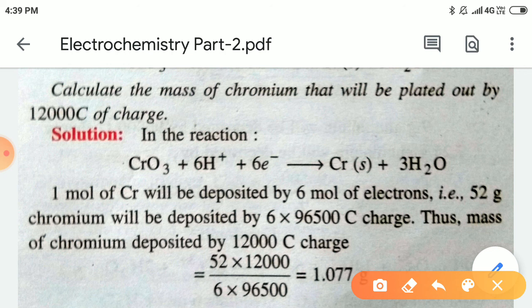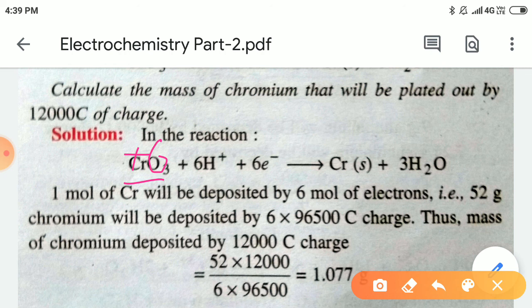Here chromium having oxidation number +6 takes 6 electrons and gets reduced into chromium element, which indicates the required moles of electrons are 6.